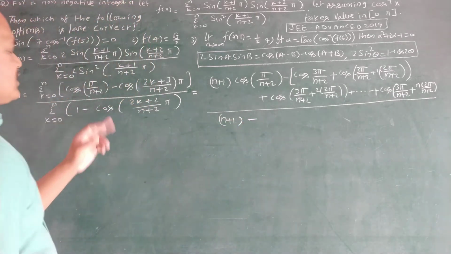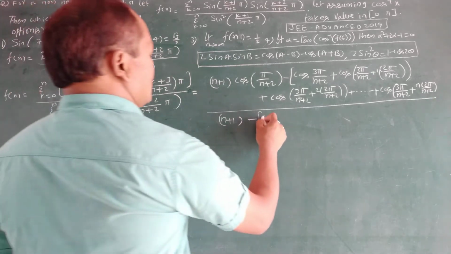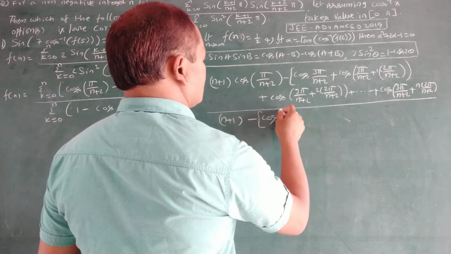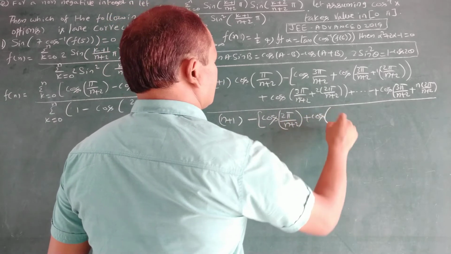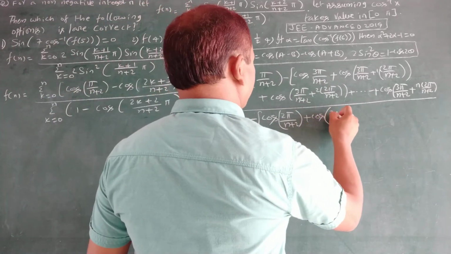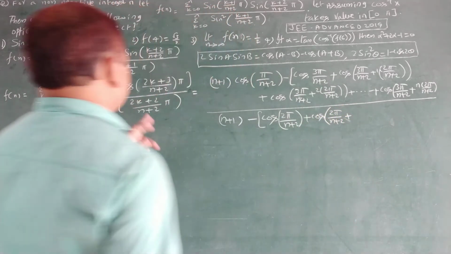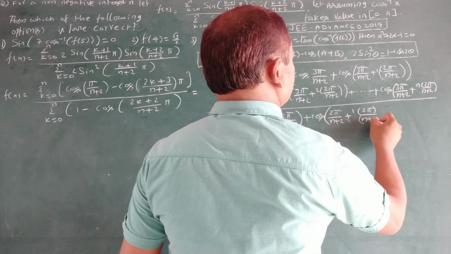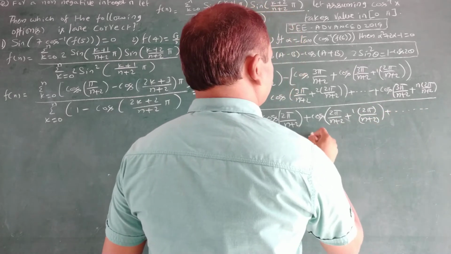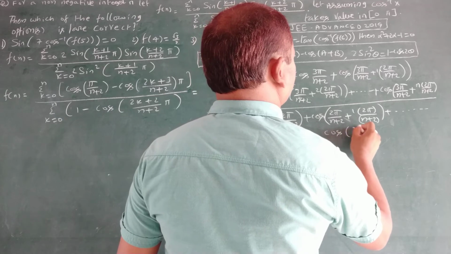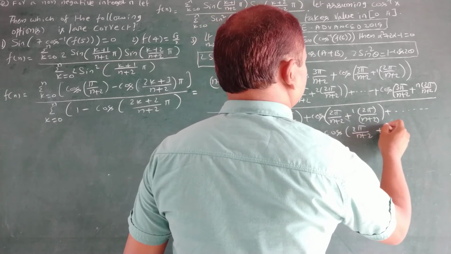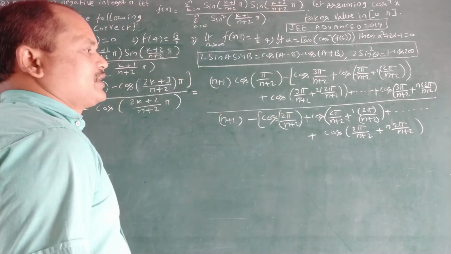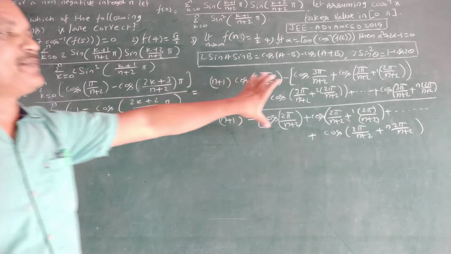Minus, expand this one, same process here: for k = 0, it is cos(2π/(n+2)), plus for k = 1, cos(2π/(n+2) + 1·2π/(n+2)), and so on, plus cos(2π/(n+2) + n·2π/(n+2)). That's all.